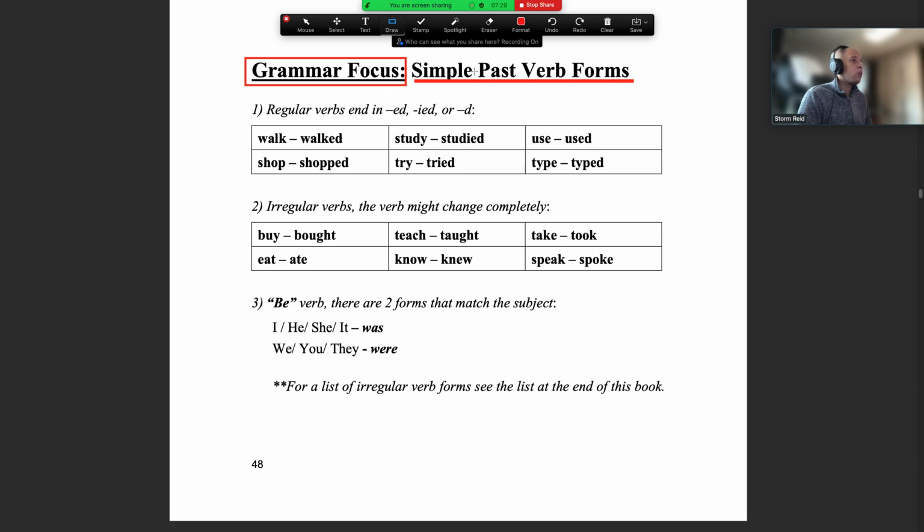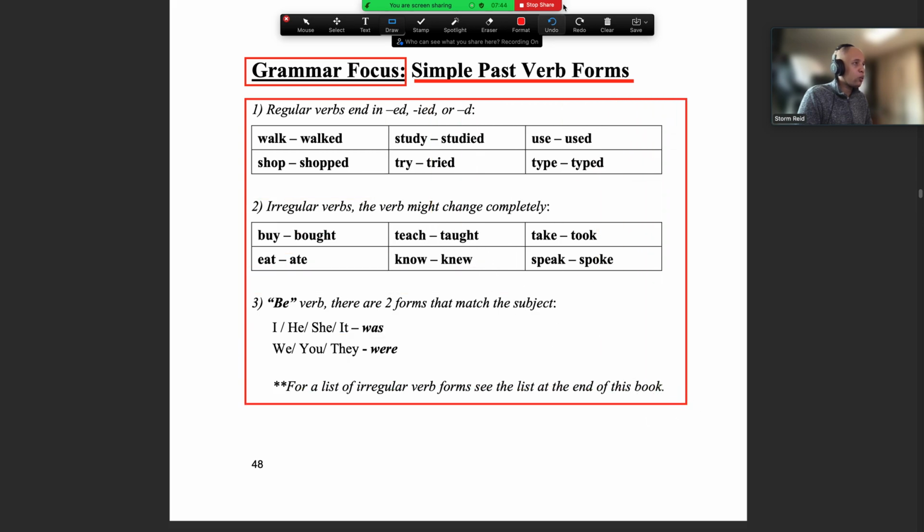All right, so simple past verb forms. Now, there are quite a few small things to remember for this chapter, and everything is here. This is just the big guide that you can use here, but there are a few things you need to remember, okay?